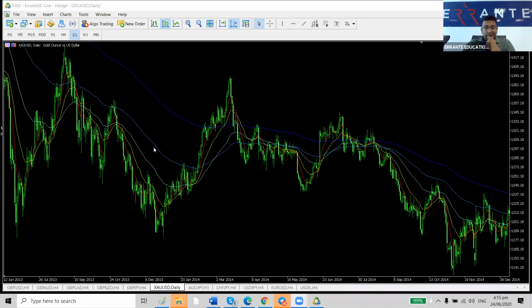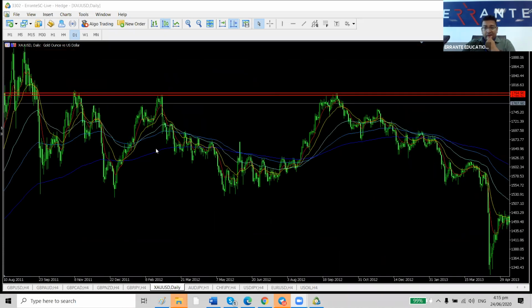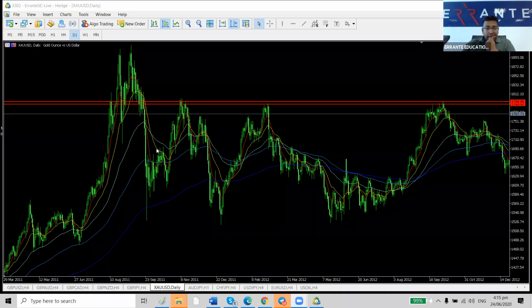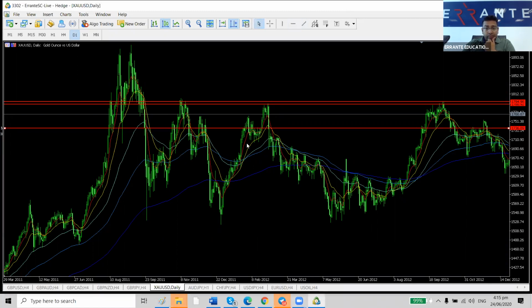Let me take a look at the current level right here. If you see that bearish candle right there, it looks quite close to what's going on here as well. Probably similar in length, roughly. Yeah, it's very close to that length.